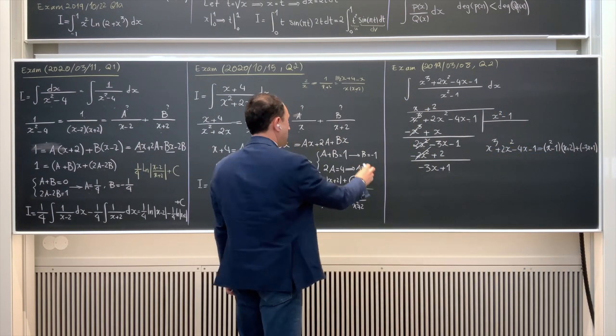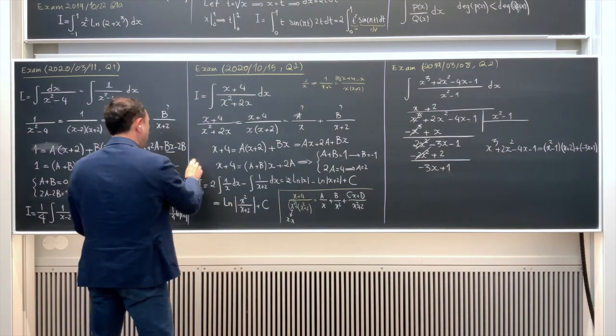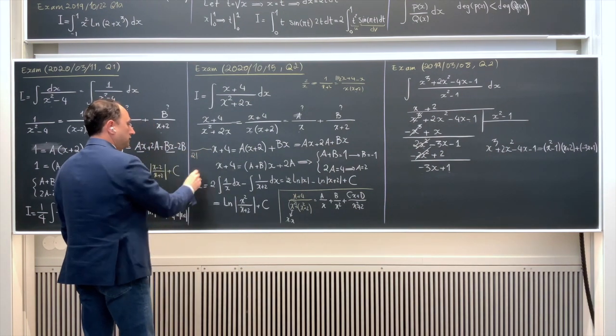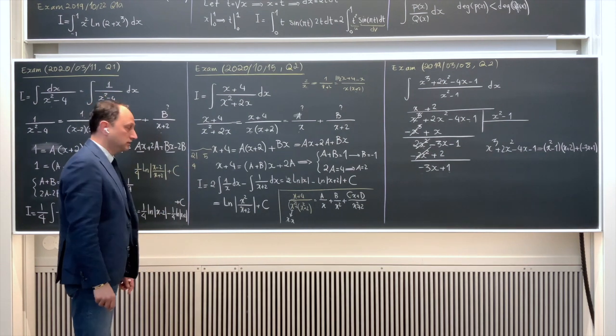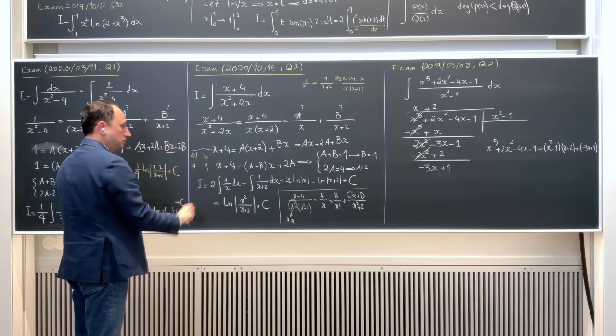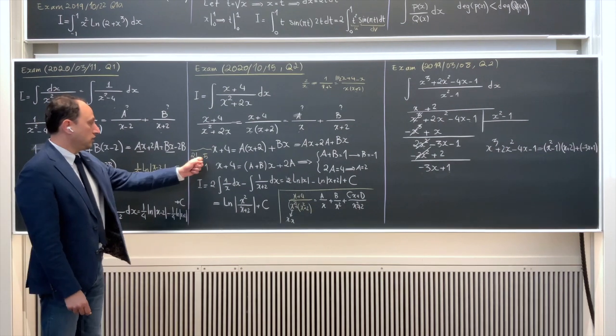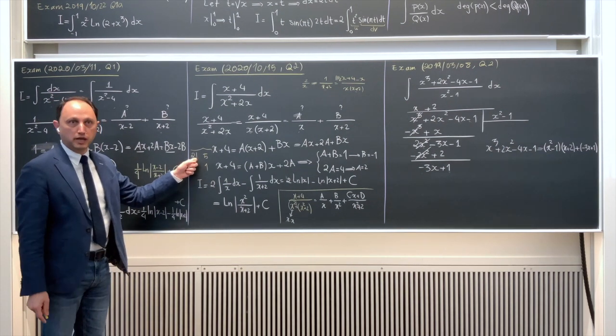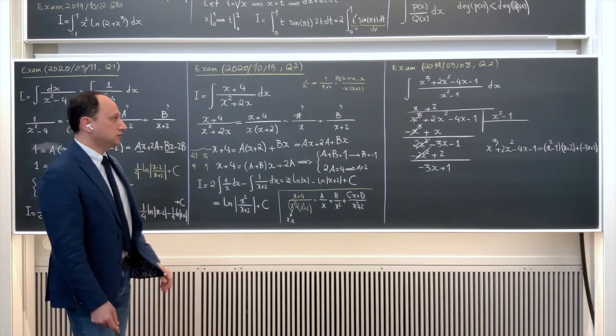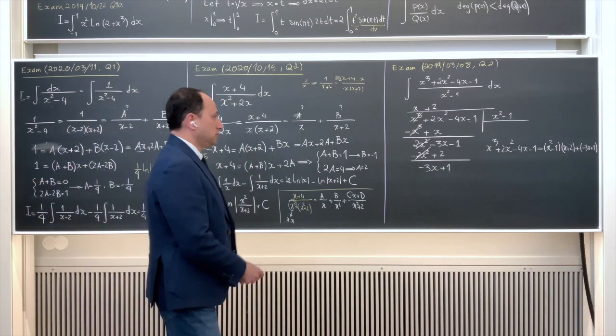It's exactly like this. If I ask you to divide 21 by 5, what will be the quotient? The quotient will be 4. What will be the remainder? The remainder will be 1. And then if you multiply 5 by 4 and add the remainder to it, you will get this number back.